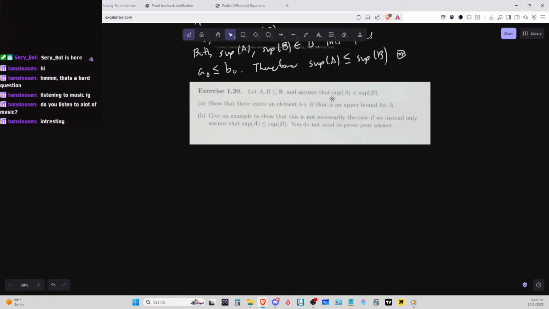But for some reason, for A, show that there exists an element B that is the upper bound for A. But they're not subsets of each other, so that makes it a little bit difficult.